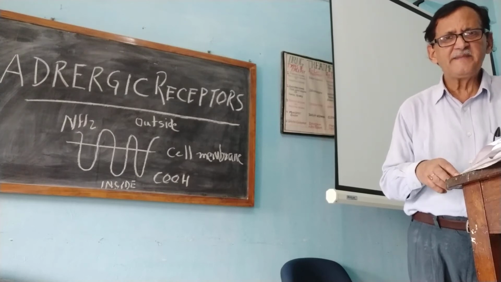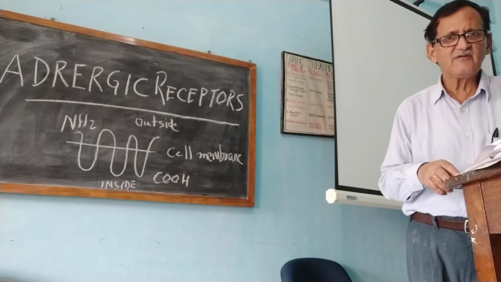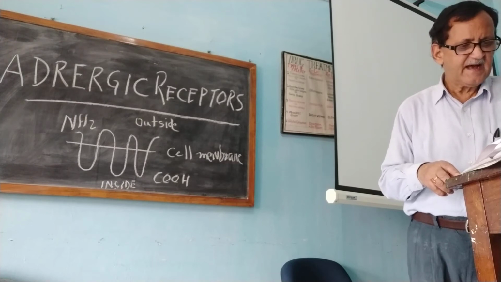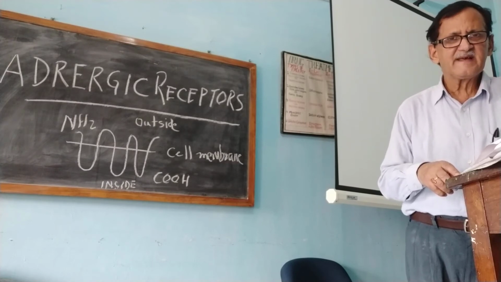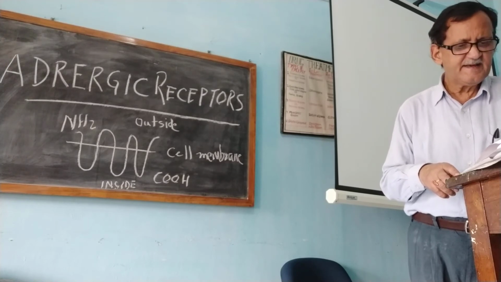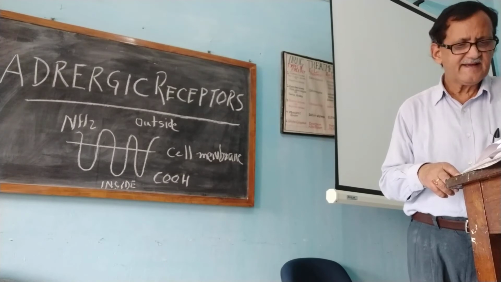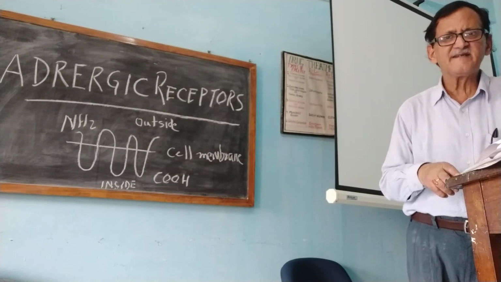Now, the mechanism of action. How does it produce effect? Alpha 1, when it combines with G protein, it increases phospholipase C.